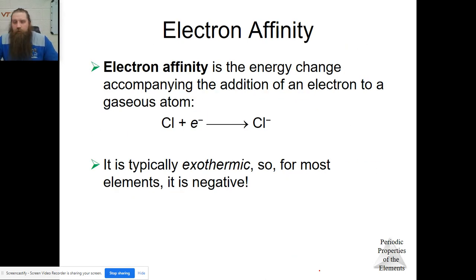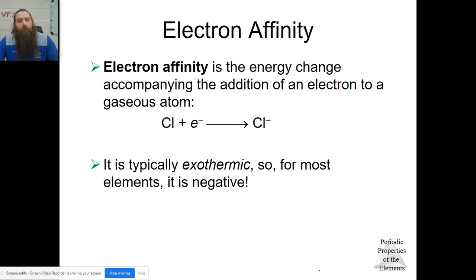The last one we're going to look at in this video is electron affinity. That is the energy change accompanying the addition of an electron to a gaseous atom. This usually gives off energy when you put an electron in there. You have an exothermic reaction. Exothermic reactions are negative. We'll learn more about the signs for exothermic and endothermic when we do thermodynamics.